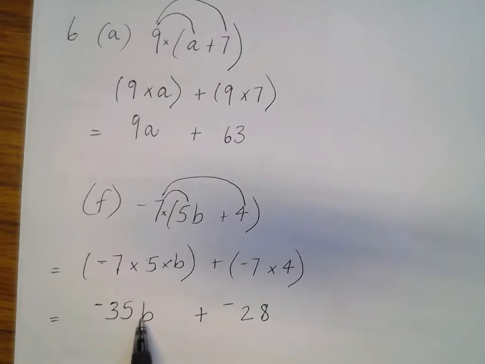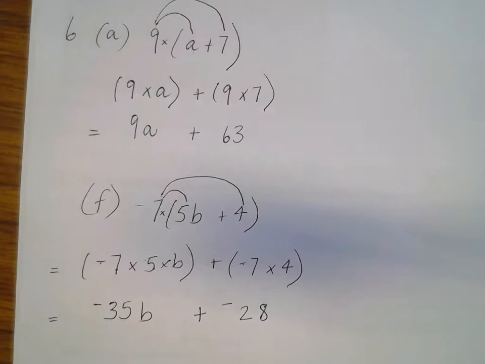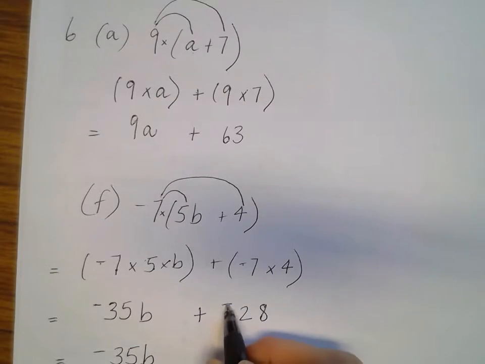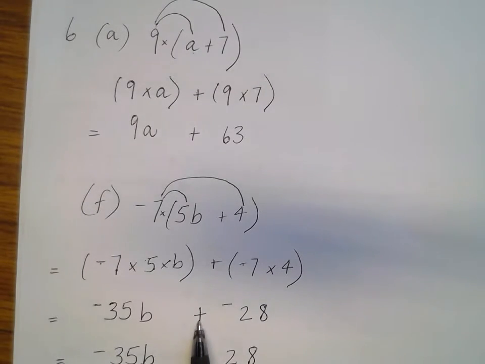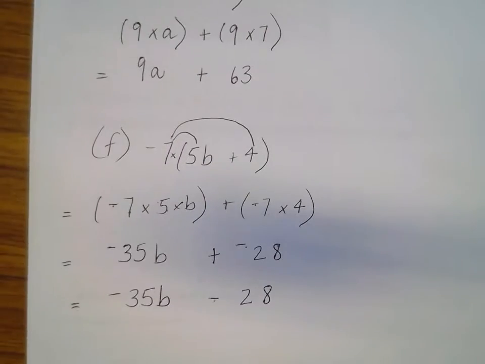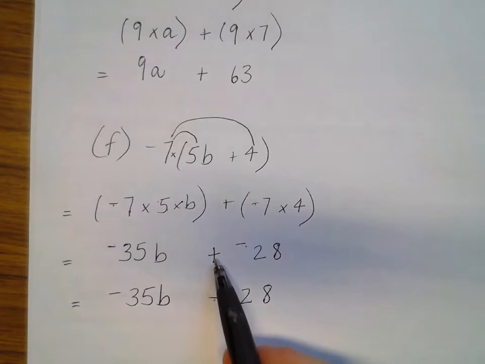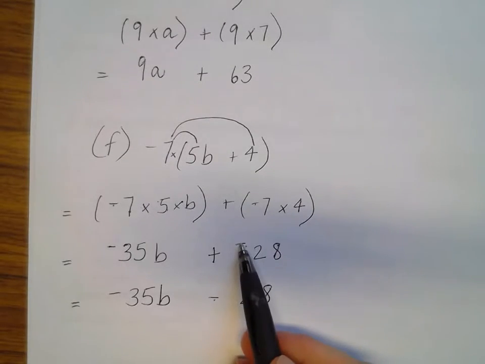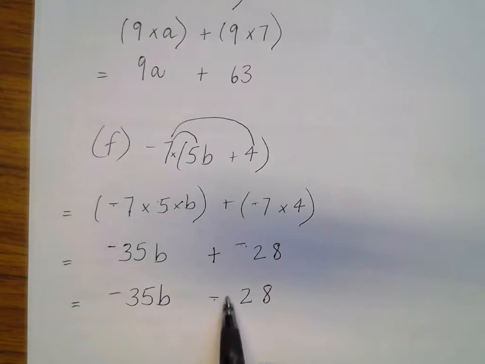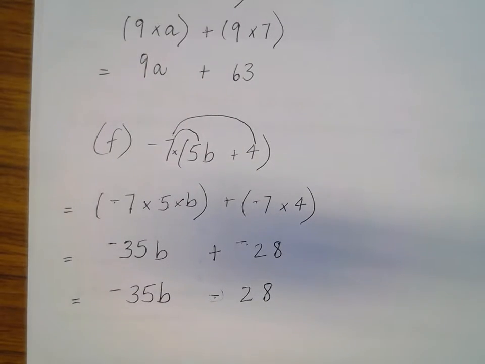So negative 35b plus negative 28. Your textbook answer, however, will read negative 35b minus 28. If you add a negative, it's the same as subtracting a number. If you think about it along a number line, if you're going to start somewhere and go left 28 places, it's the same as subtracting 28.